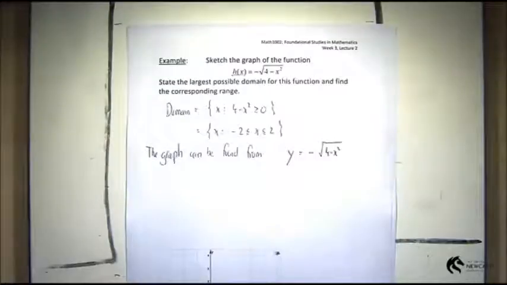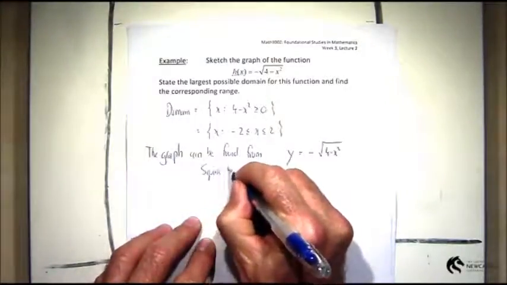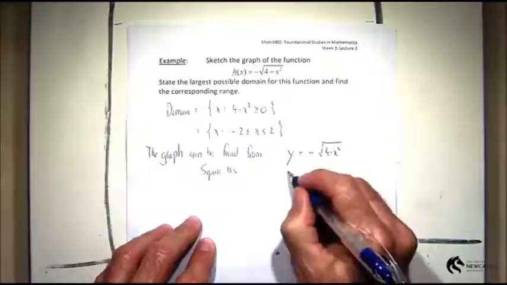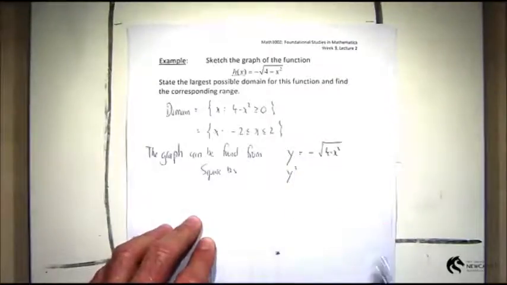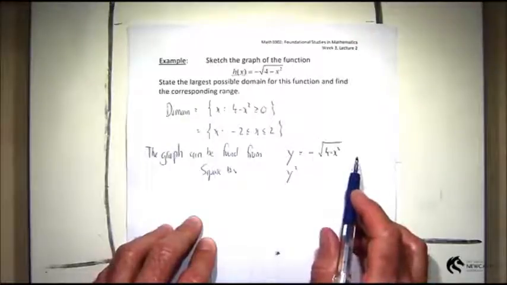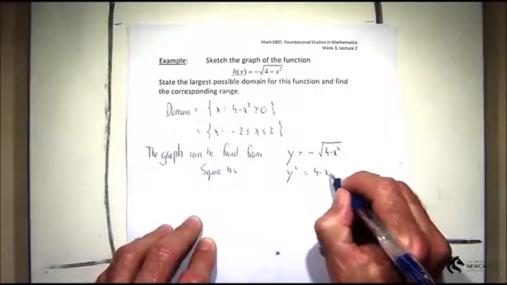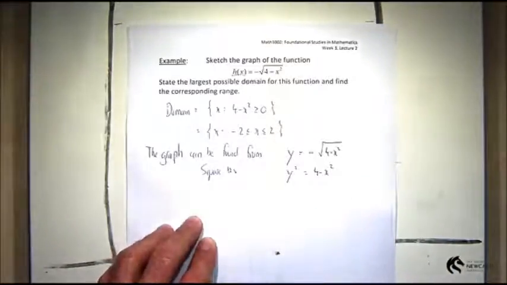But if I square both sides, then on the left-hand side, I get y squared. And on the right-hand side, I have this multiplied by itself. The negative times the negative gives a positive. The square roots undo each other, and so I'm left here with 4 minus x squared. Do you believe me?